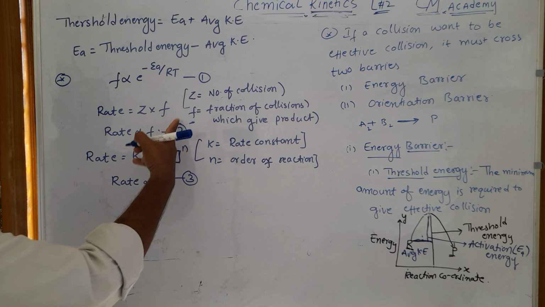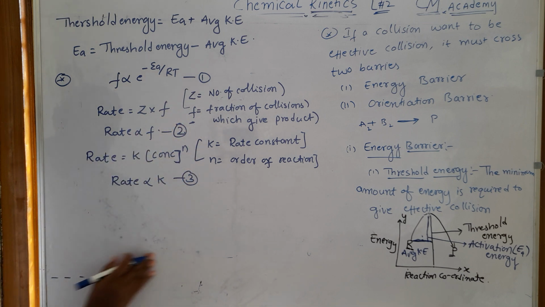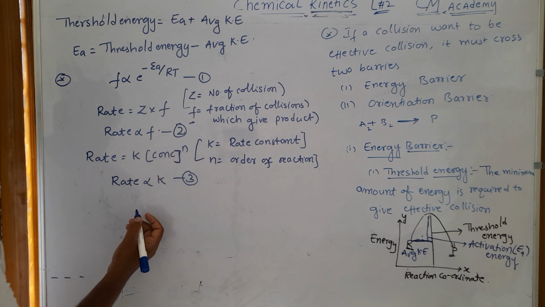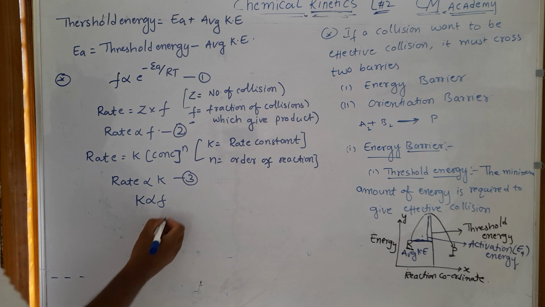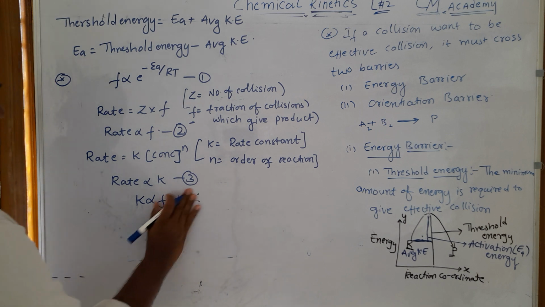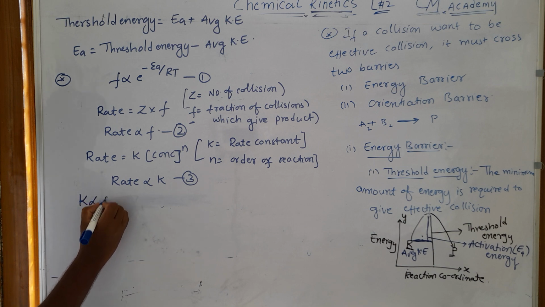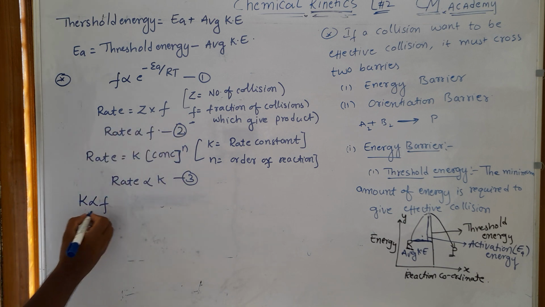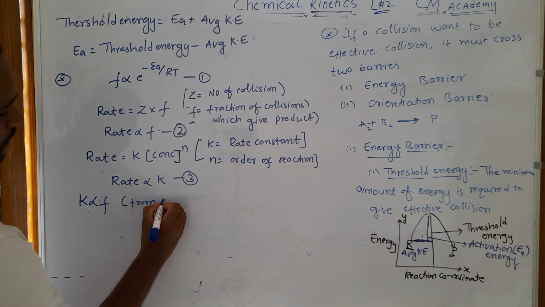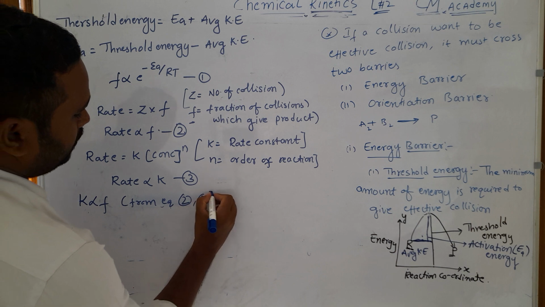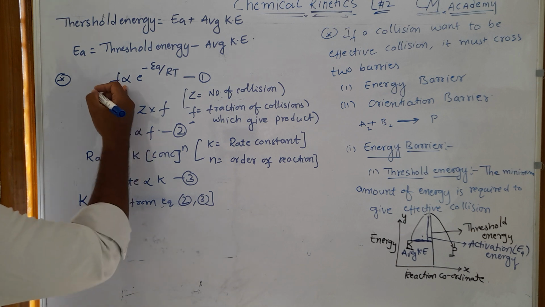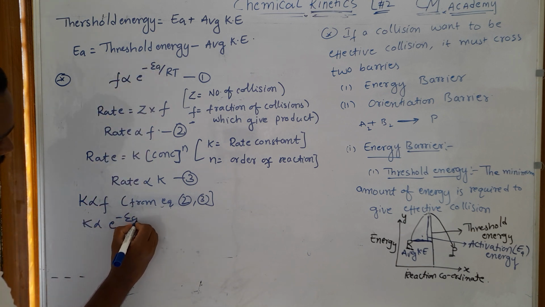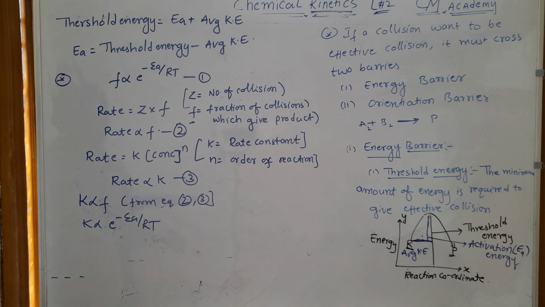And from this equation 2, and this is equation 3. When you observe equation 1, equation 2 and equation 3, we can write k is directly proportional to F from equation 2 and equation 3, and F is directly proportional to e to the power of minus Ea by RT.